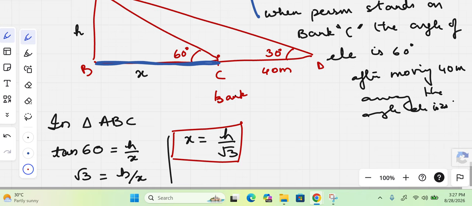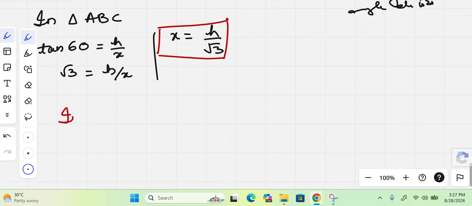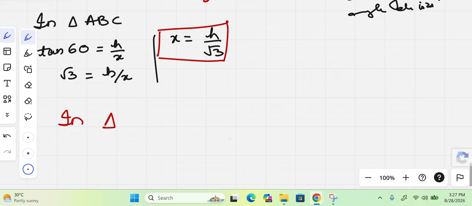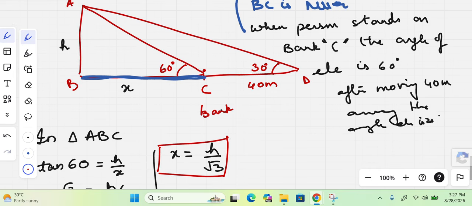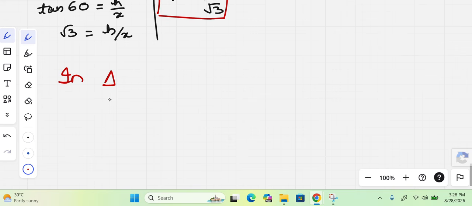Let it be there. Now, which triangle should I take? Please tell. Which is the next triangle I should take? Kids, please tell. Which is A, B, D. A, B, D. Here also I will take tan 30.